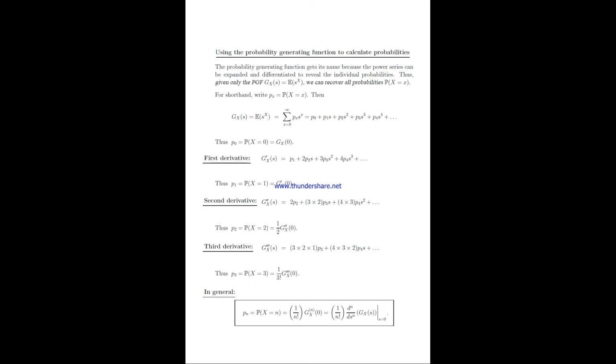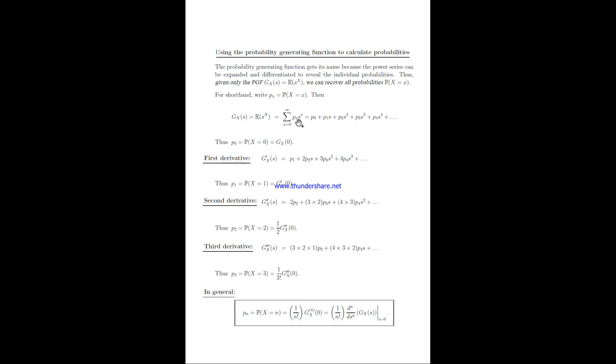Just for notation, we'll take simple p x as the probability where x is equal to simple x. Now when it comes to the probability generating function, we have to take s to power x and multiply that with the corresponding probability, so with the notation I'll write it as p x, where you have to take the summation from 0 to infinity.